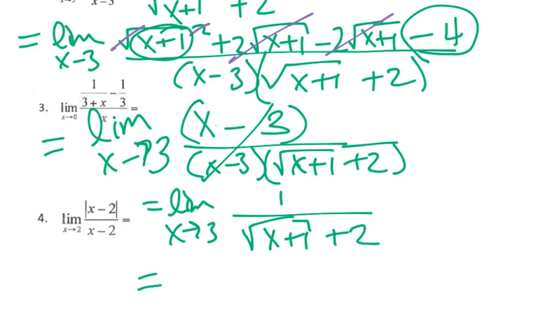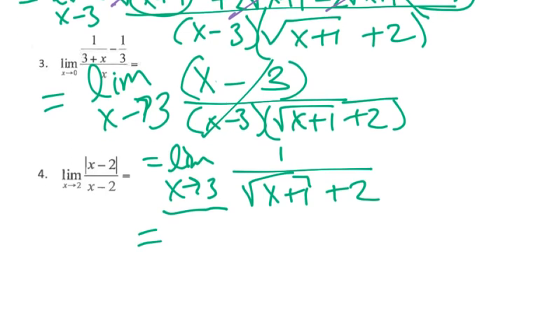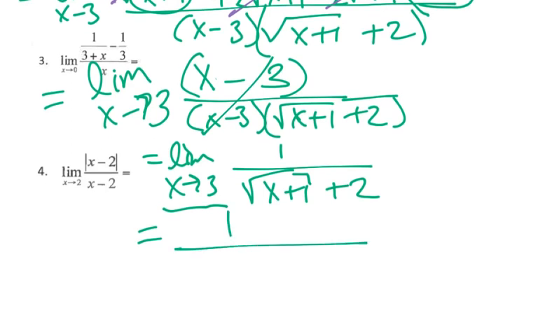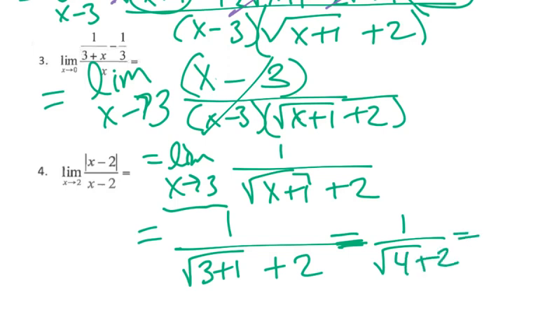So now we're ready for some direct substitution, which means our limit notation is going to disappear, and we're just going to have 1 over the square root of 3 plus 1 plus 2. It's going to be 1 over the square root of 4 plus 2, which is 1 over 4. Okay, so that's how we do that one.